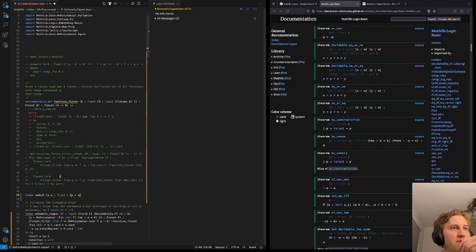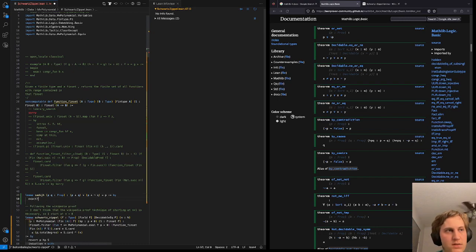Ugh, it's going to reload. P and Q or P and not Q, if and only if P. Failed to find it.